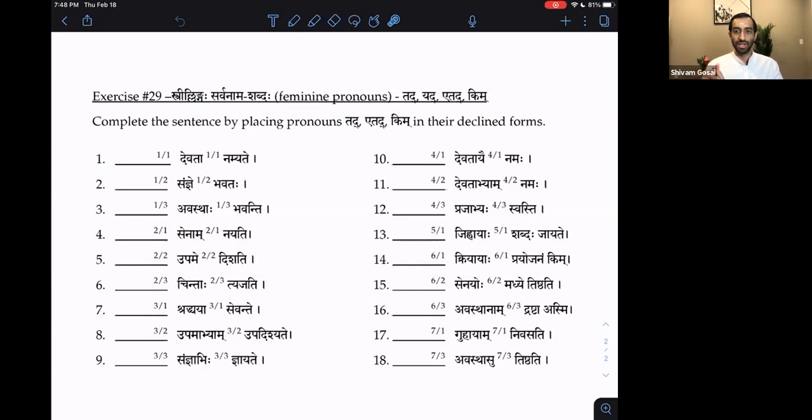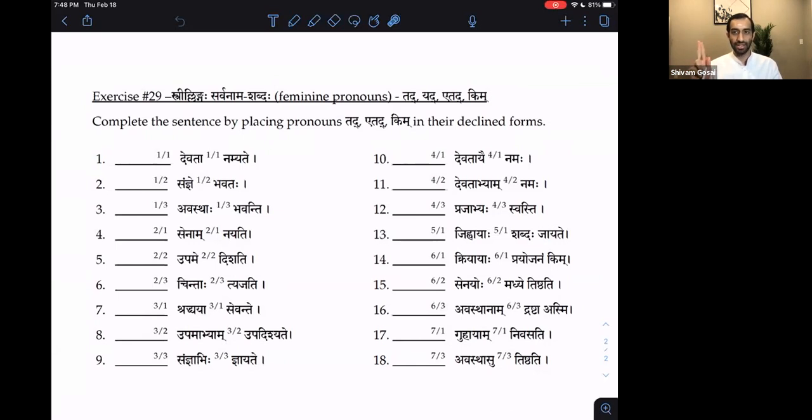Prajabhyah means there's people, right? The people, praja. So to many people, it's plural. So well-being for many people, and then tad, what is it?